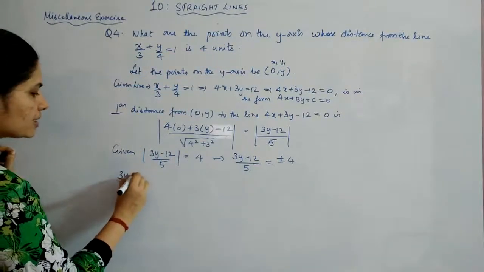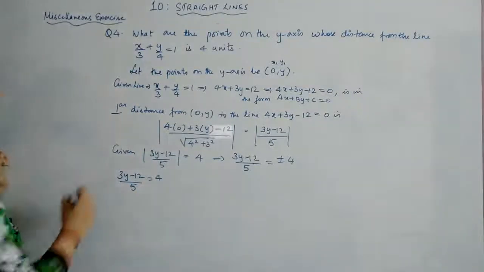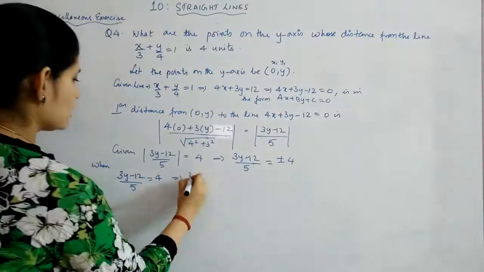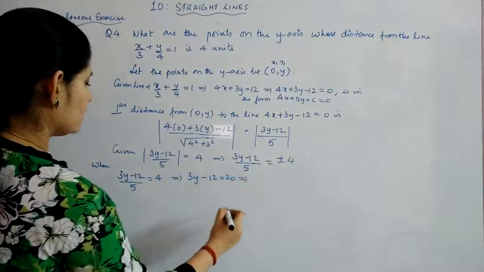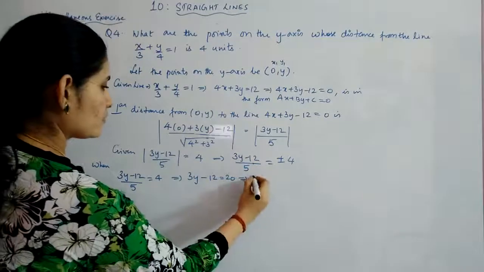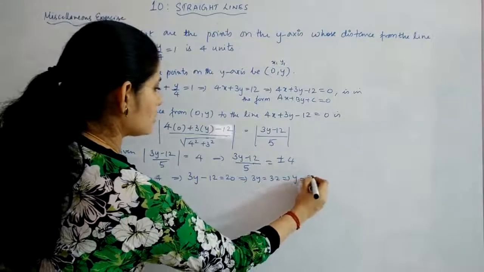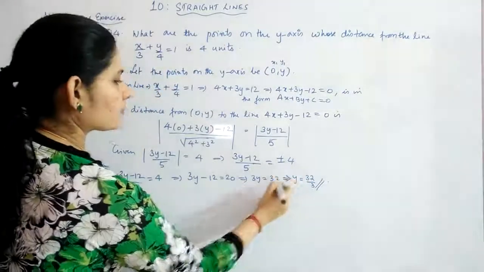Now 3y minus 12 by 5, if it is equal to 4, what will you get? 3y minus 12 is equal to 20, which will give you 3y is equal to 32, or y is equal to 32 by 3. So one y value you got.